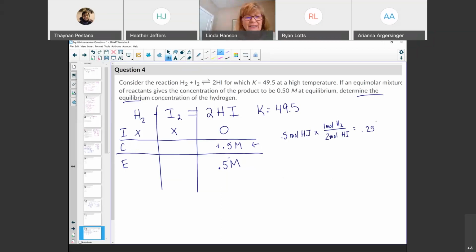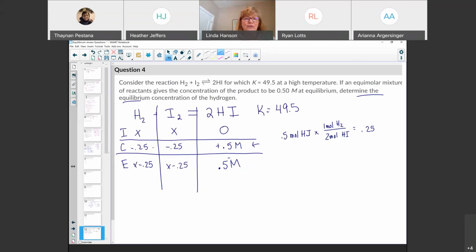So what does that mean? It means that X decreased by 0.25 moles. Sorry, this is X went down by 0.25 moles. I can see that both of those are going to decrease with a 1/2 stoichiometric ratio of how much the HI increased.